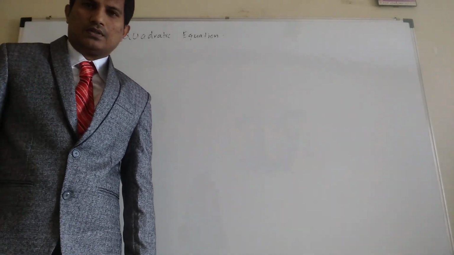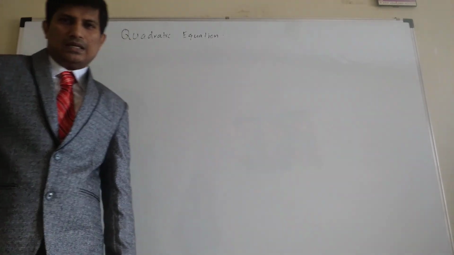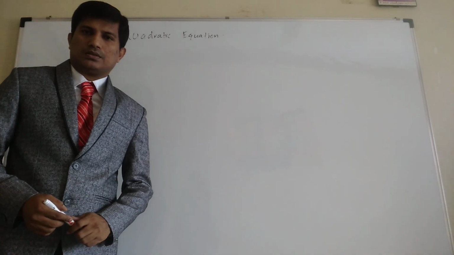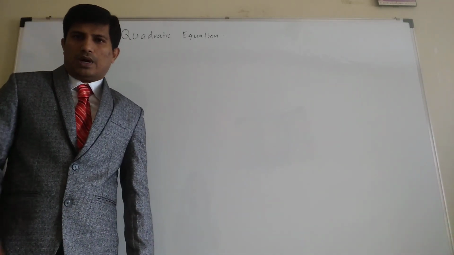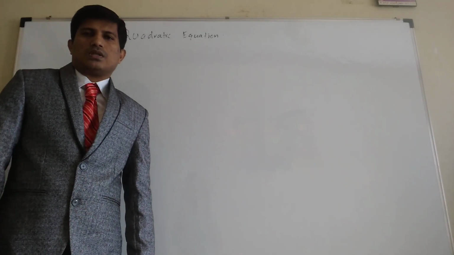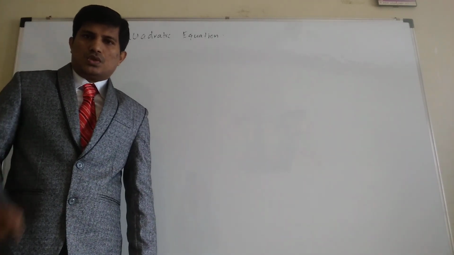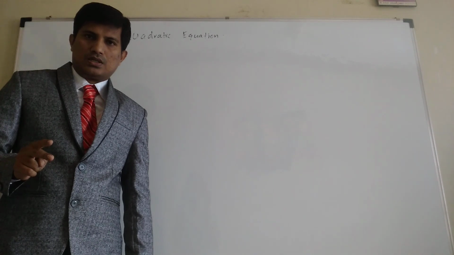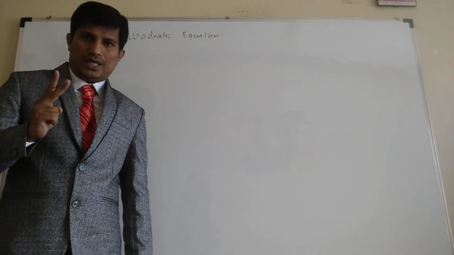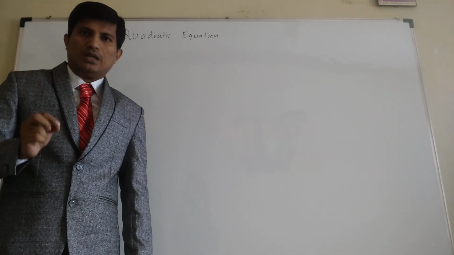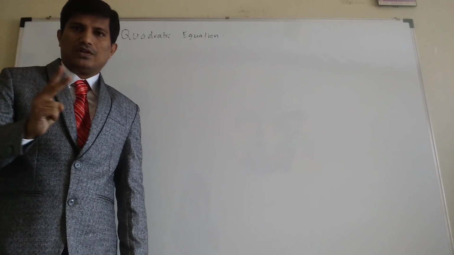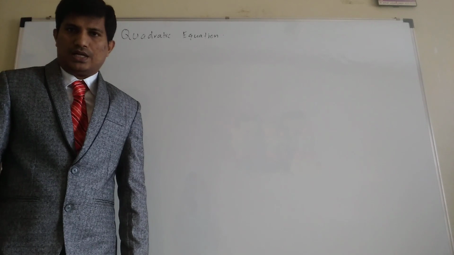I think you have studied polynomials in the previous standard, that is the 9th standard. आपने 9th standard में polynomial के बारे में थोड़ा बहुत पढ़ा होगा, तो हम उसका थोड़ा सा एक रिव्यू ले लेते हैं. So जिस polynomial का जो इंडेक्स है, जो डिग्री है, वो 2 रहेगा. Okay, the polynomial which has its degree or index 2 will be considered as a quadratic equation.